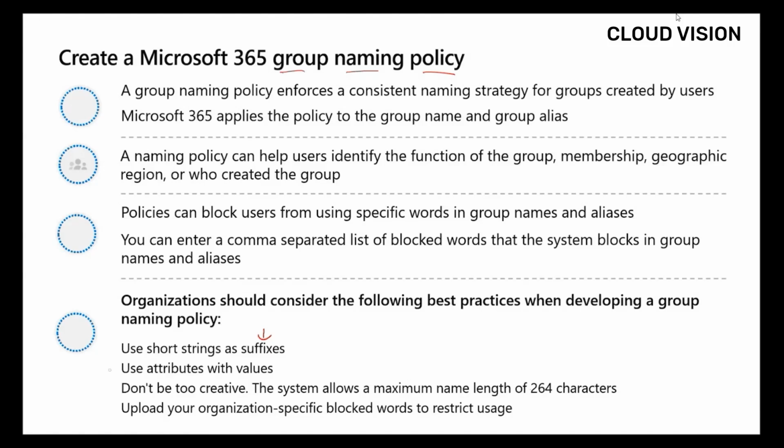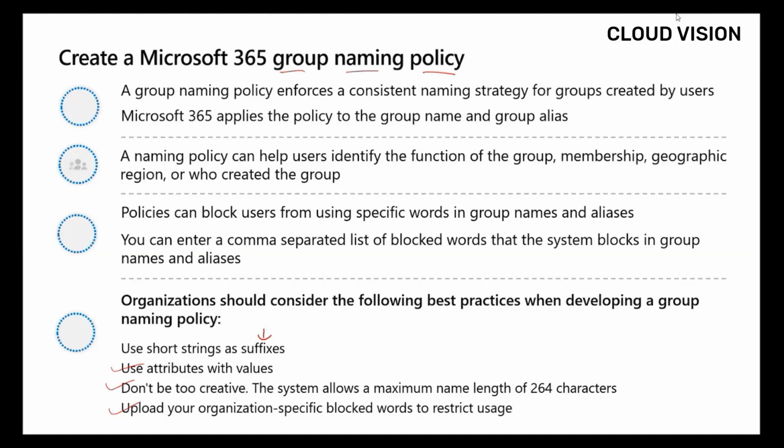You can use attributes with the values. It's recommended that you do not be very creative, and the system allows a maximum length of 264 characters if you want to use string attributes. There's also an option to block certain words that cannot be used while creating Microsoft 365 groups in your organization.